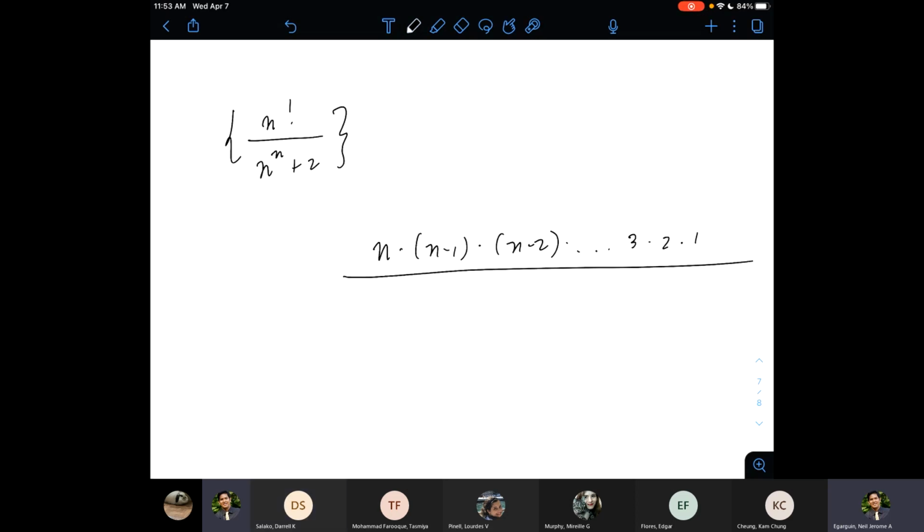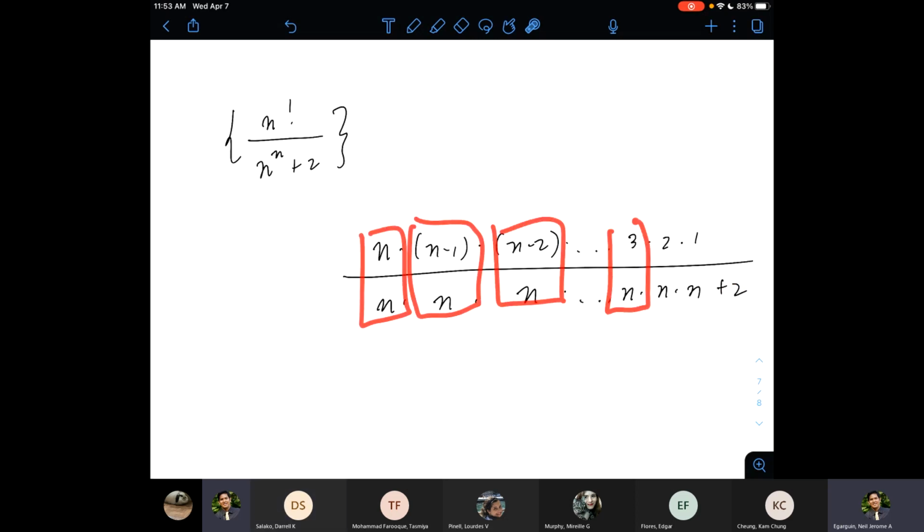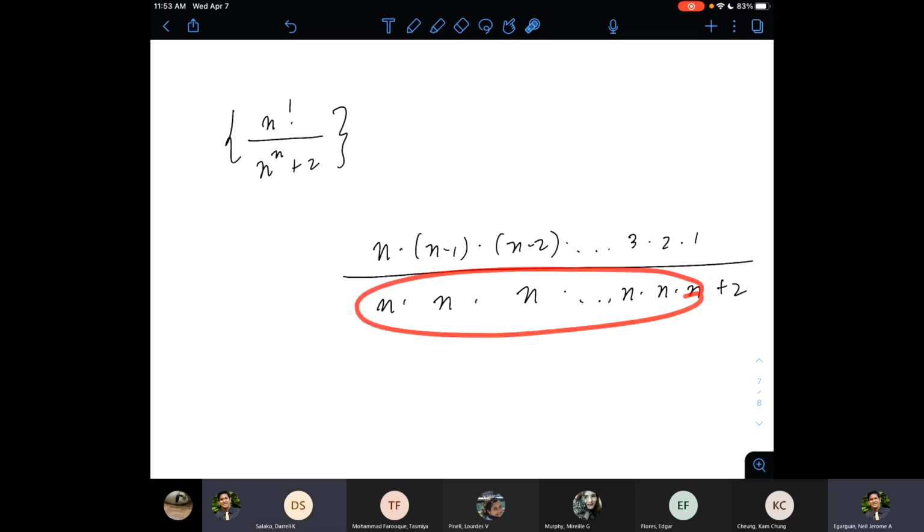But n to the n would be n times n times n, n such factors, and then you have a plus 2 there, though the plus 2 won't matter for very large n. So if you do a term-by-term comparison here, you'll see that the denominator always wins. So that means the denominator will grow at a much faster rate than the numerator, thereby making the sequence converge to 0.